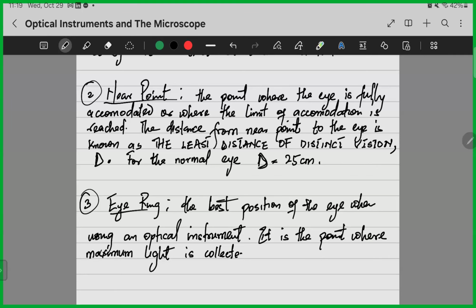In a compound microscope, we have two converging lenses of short focal length. Keep that in mind.